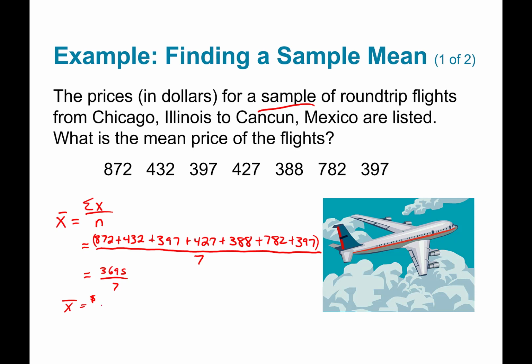So you get 527.90. About $527.90 is our mean price. So on average, you should expect to pay around $527.90 for a round-trip flight from Chicago to Cancun.